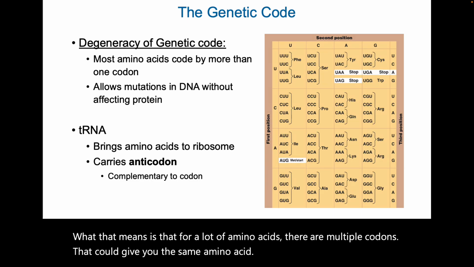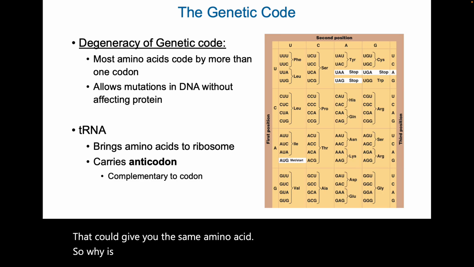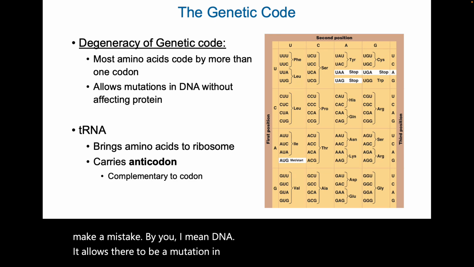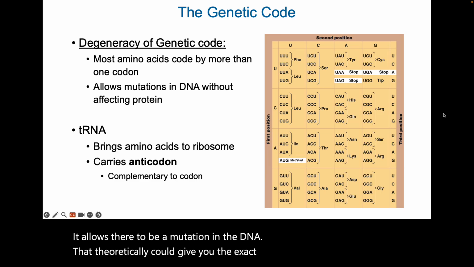So why is that important? Well, that's important because it allows you to make a mistake. By you, I mean DNA. It allows there to be a mutation in the DNA that theoretically could give you the exact same amino acid. Okay.